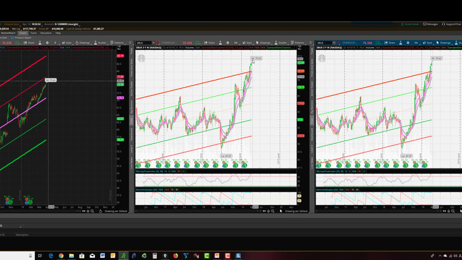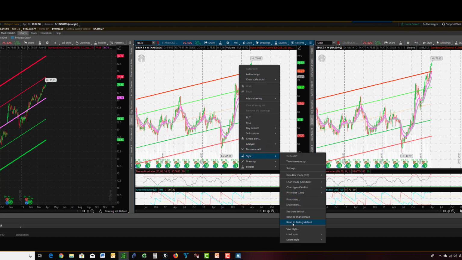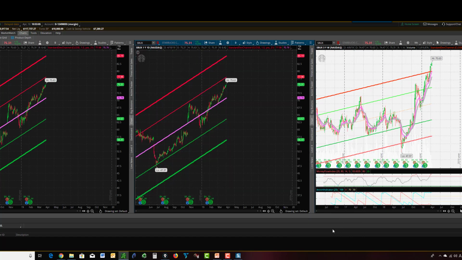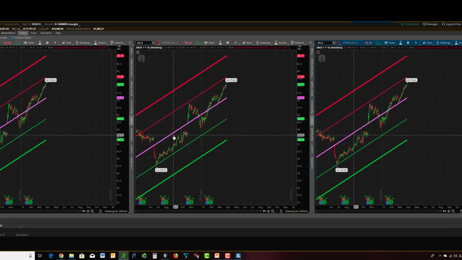So now I want to make them look the same. I click on the middle one, go to style, load style, and choose class standard deviations right here. Now the same thing here: style, load style, class standard deviations.